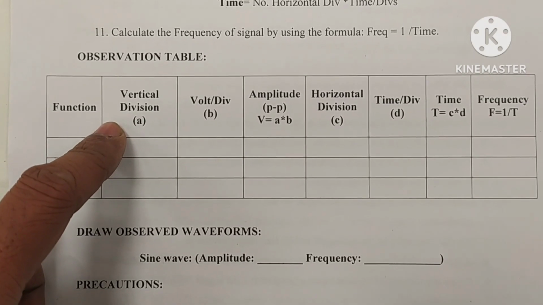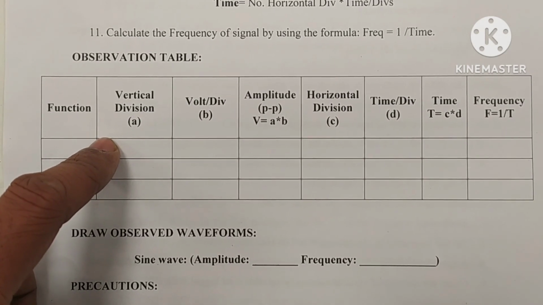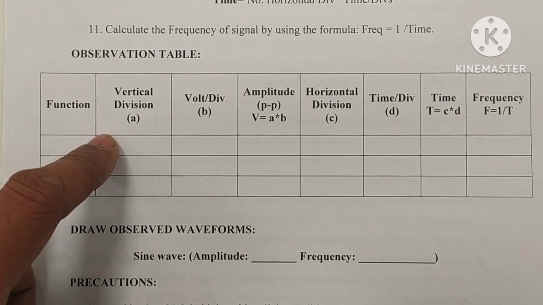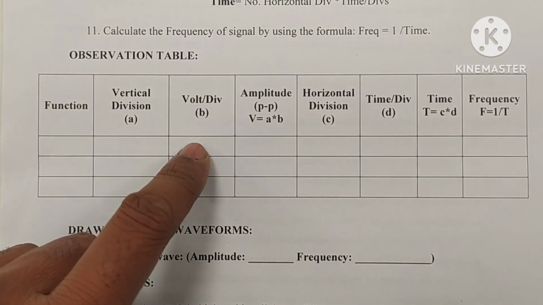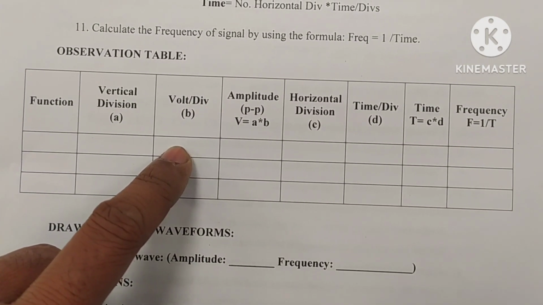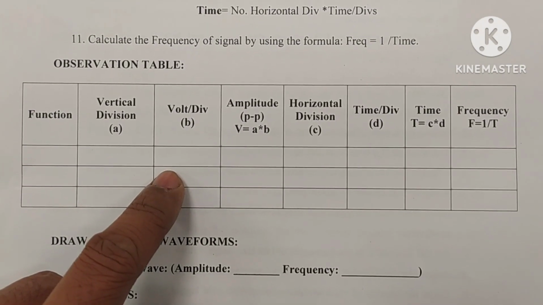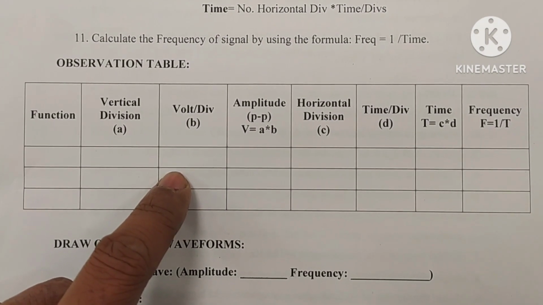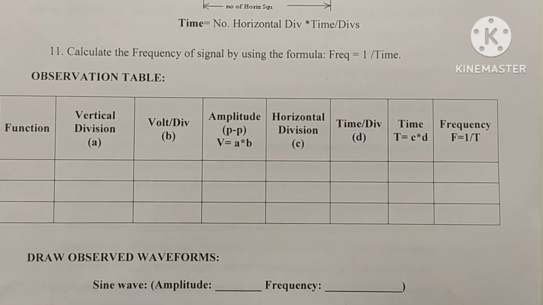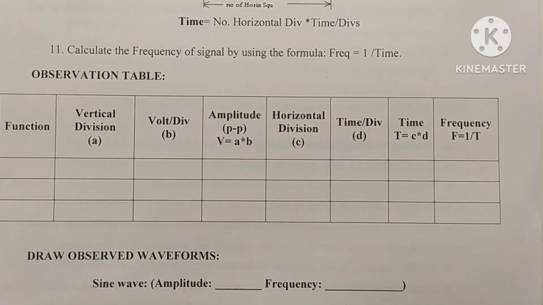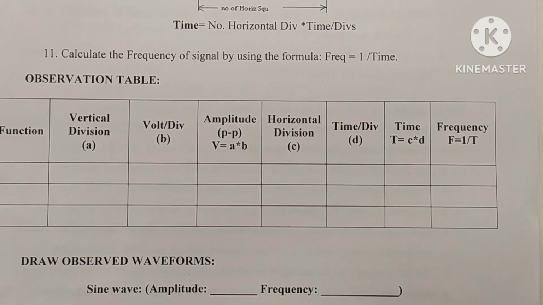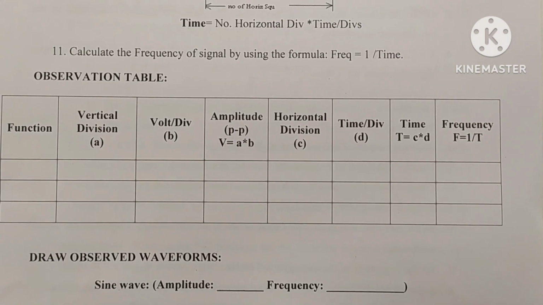That means how many divisions are covered by the signal in vertical position. This is voltage per division. That means the voltage per division set by us on CRO. And the third one is your amplitude peak to peak. V is equal to A multiplying B.